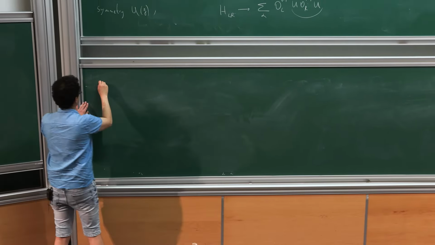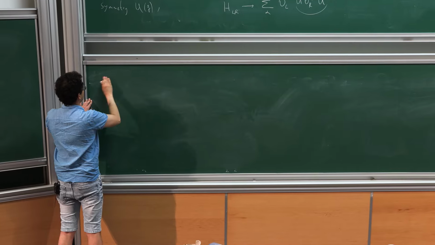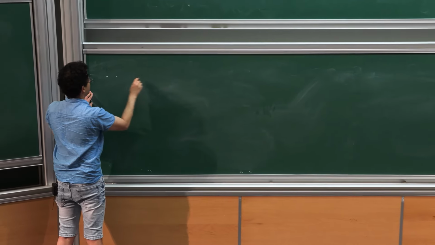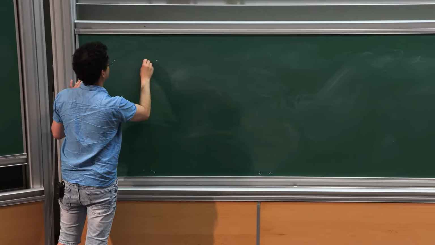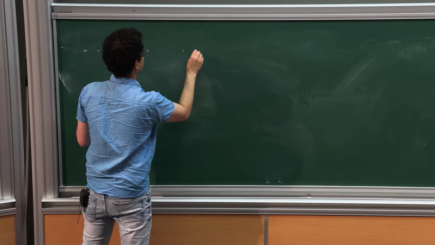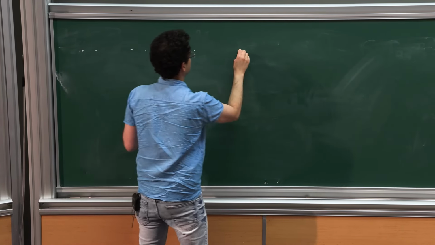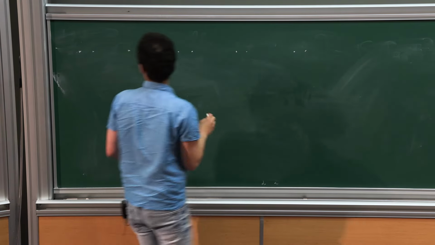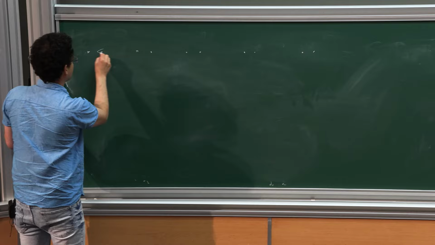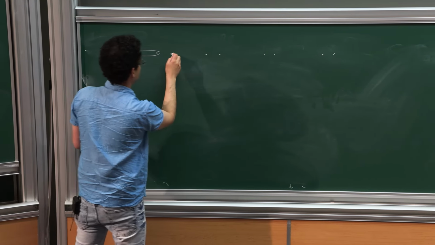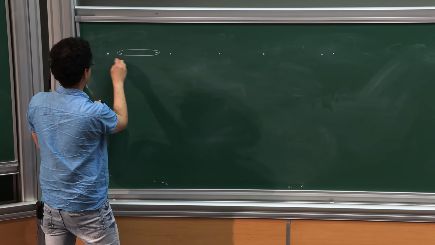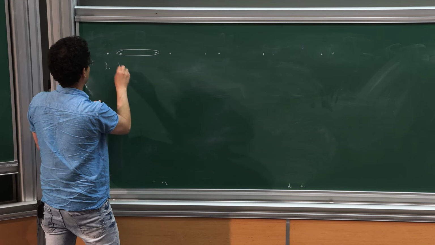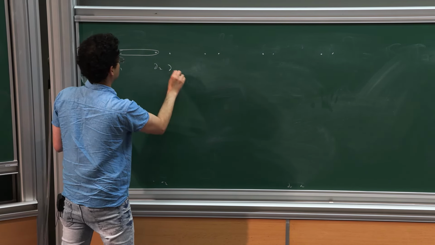Okay, let's draw this, Majoranas again. Like this. Okay. So let's remember this is site 1 here, gamma 1 bar, gamma 2 bar.